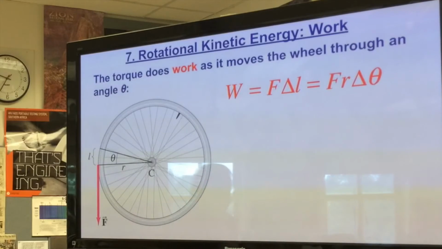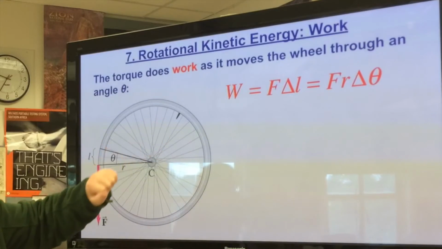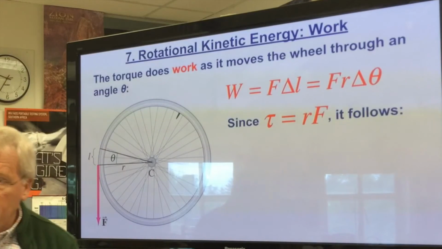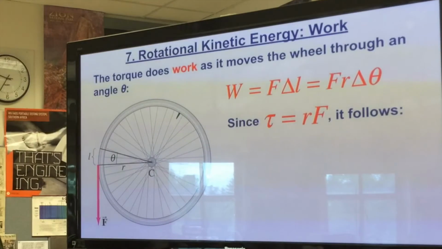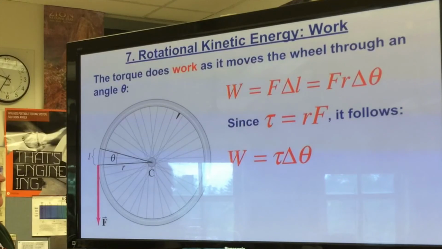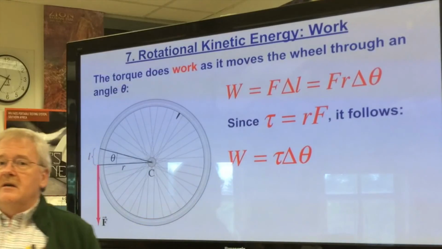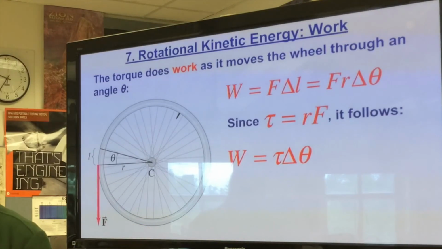So we can now write that that's F r delta theta. And since the torque is equal to r F, what we find is that work can be expressed as tau delta theta, or the torque times the change in angle, which gives you the amount of work done.